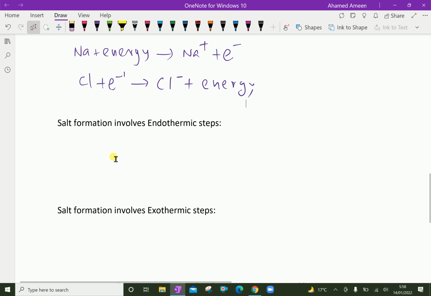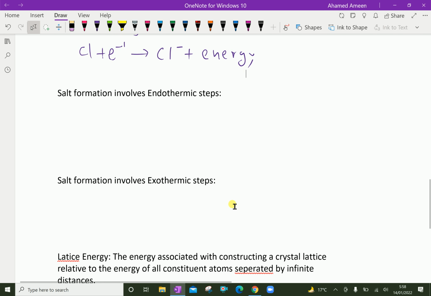Salt formation sometimes involves endothermic steps, and it involves exothermic steps also. Endothermic means it absorbs energy, exothermic means it releases energy.